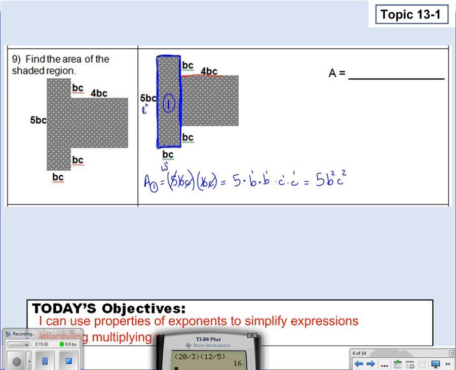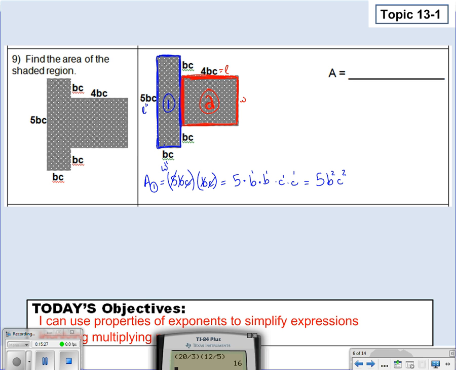This is also a rectangle. I know the top part is 4BC, so that can be my length. Now I'm trying to find out what my width is, what that other side is. I don't know what it is right now, but I see that the width is a part of what my first rectangle was.